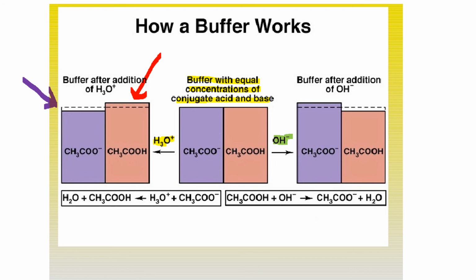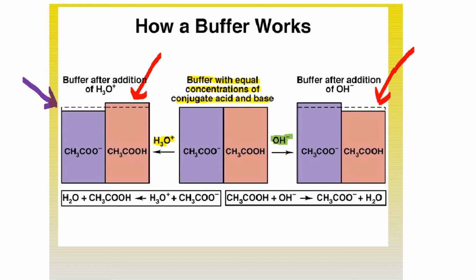But we're in a buffer system, so the buffer is capable of absorbing some of that hydroxide ion. How does it do that? Well, the weak acid part of the buffer can soak up some of that OH-. You can see that on the right-hand side pointing to the red.